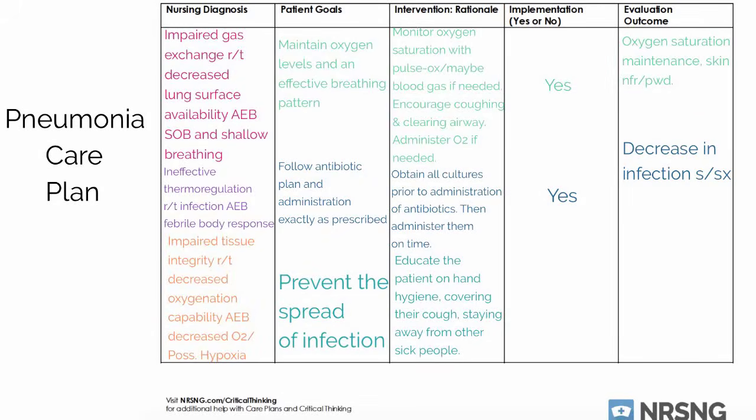We are going to not only wash our own hands and wear the proper PPE in these patients' rooms, but we're going to teach them about their own hand hygiene, washing their own hands, using hand sanitizer, coughing in their arm, covering their cough, or making sure that they're not breathing over people, staying away from other sick people. Like, we don't want to have them bring their granddaughter in to visit, the infant granddaughter, and have them visit while the grandma is sick.